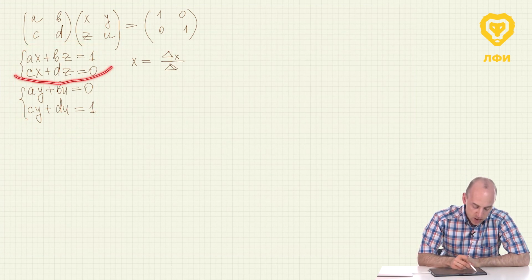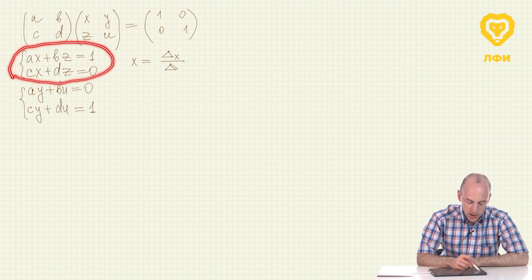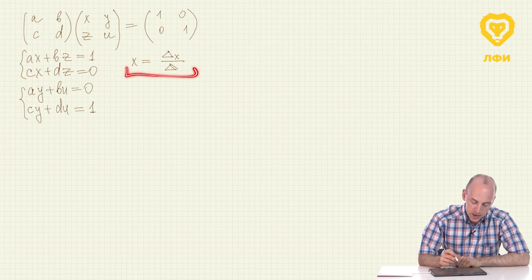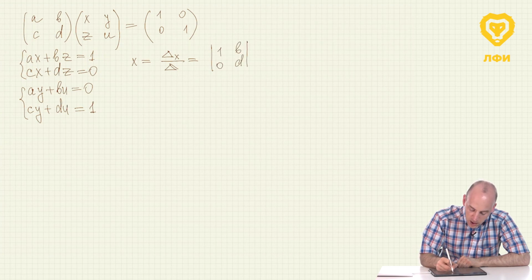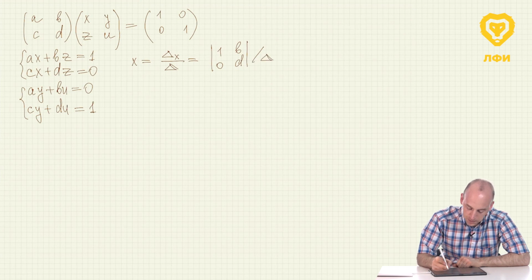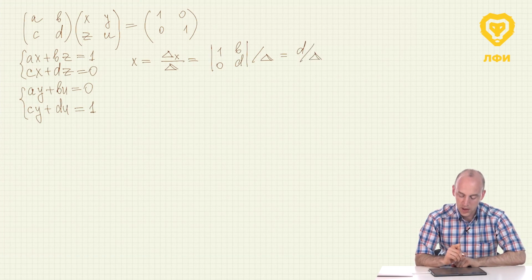But in reality, the system can be split into 2 easier systems, each of them being a system with 2 equations and 2 variables. And so from here, x is delta sub x over delta. We get delta sub x if we substitute the column of coefficients of x with the column of constant terms. So we get 1, 0, b, d, and we need to divide it by delta. Let me not decipher delta right now, and so I'll get d over delta.